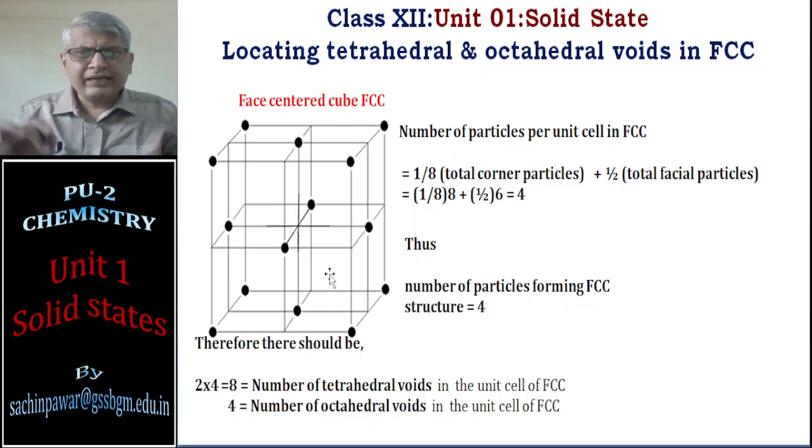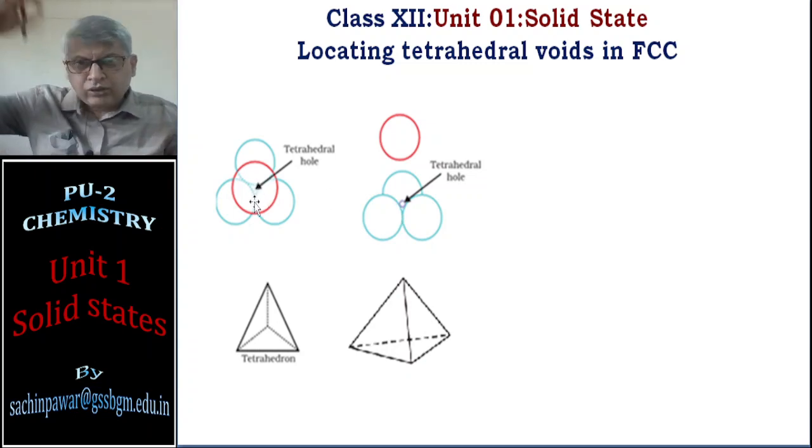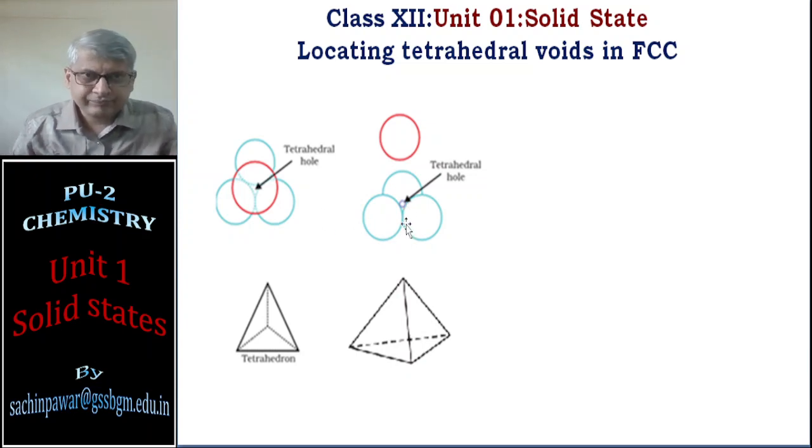Now when you want to locate these, we need to know that a tetrahedral void is a void where we have 3 particles forming a triangle and 1 particle sitting on that triangle at the center. So this is the view from the top and this view is from the side. So a tetrahedral void has to be identified like this.